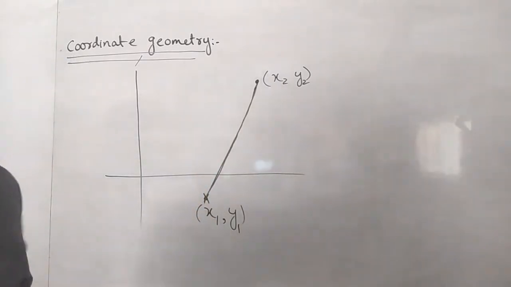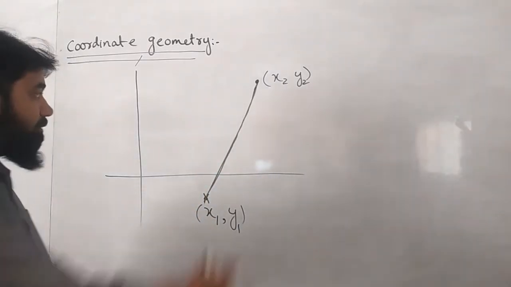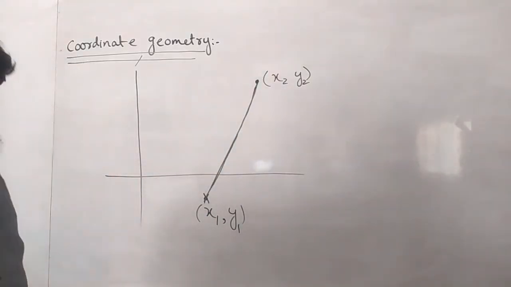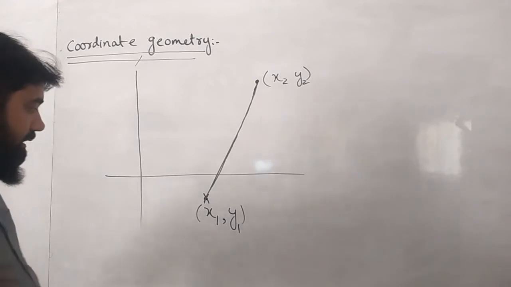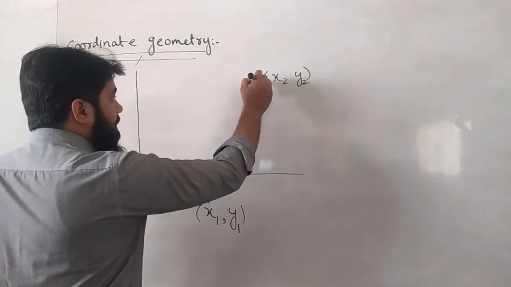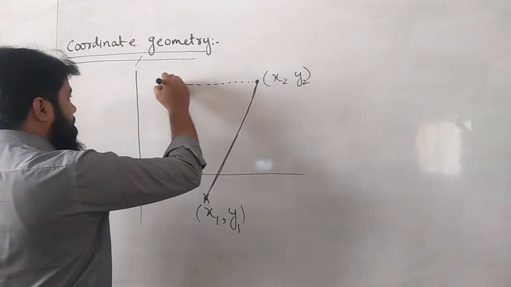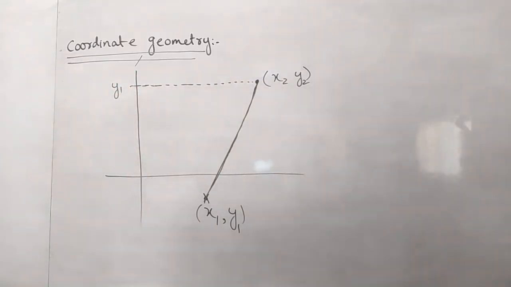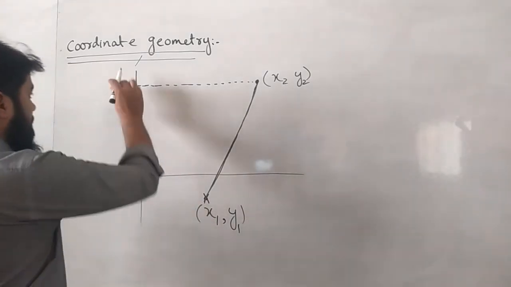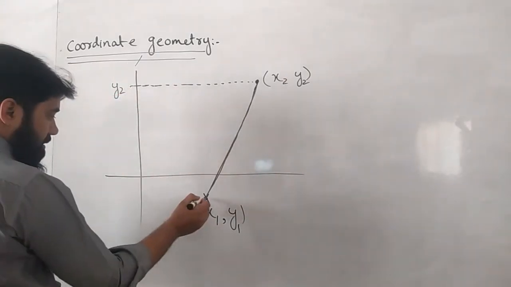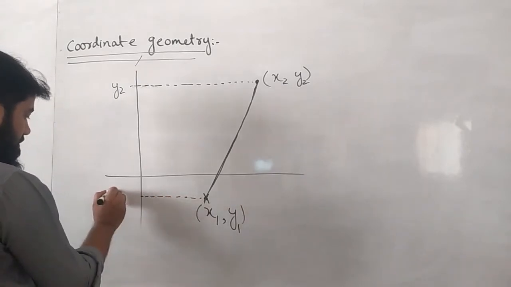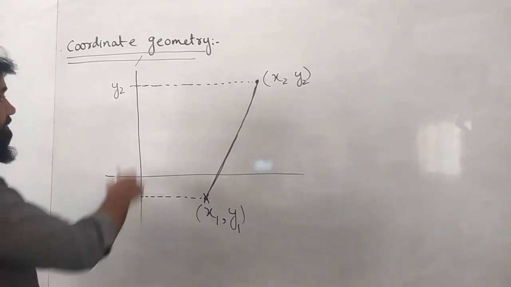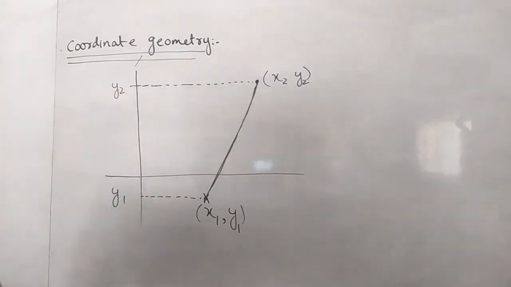Now when I connect them, this is my connected part. I have to find the distance between these 2 points. Let's say this point will be my y1 and this point will be y2 on the graph.